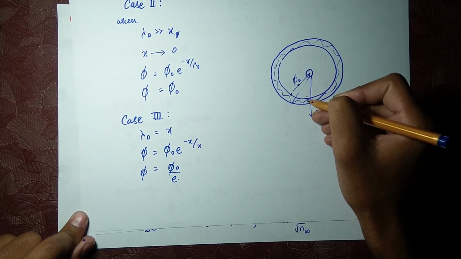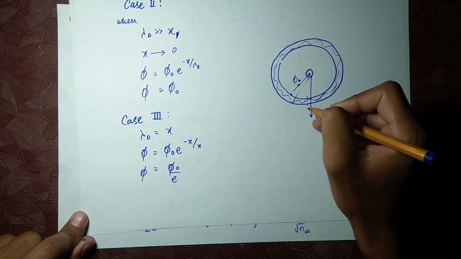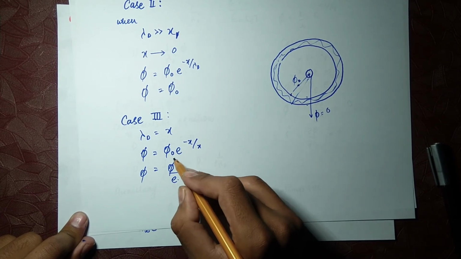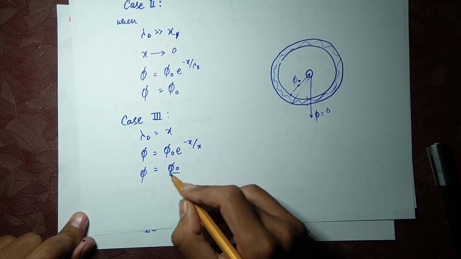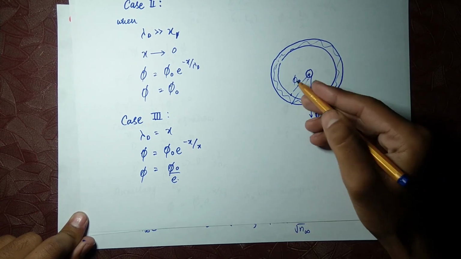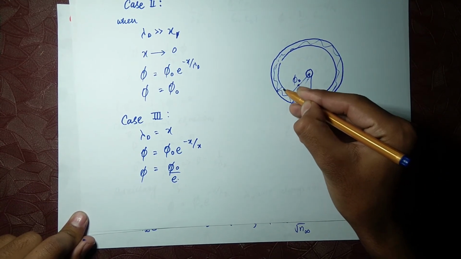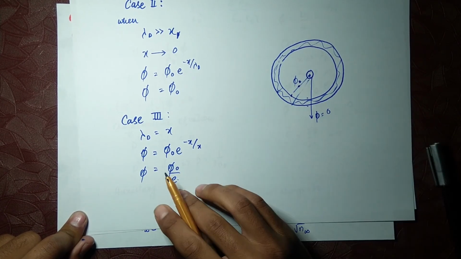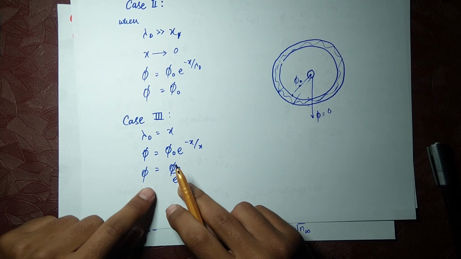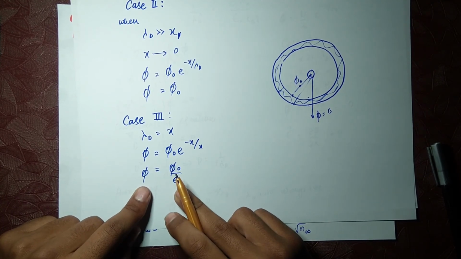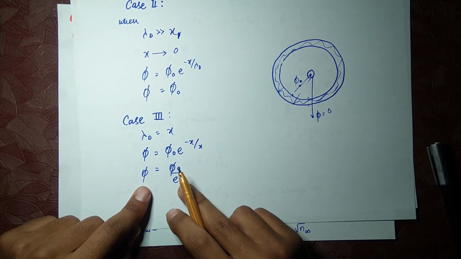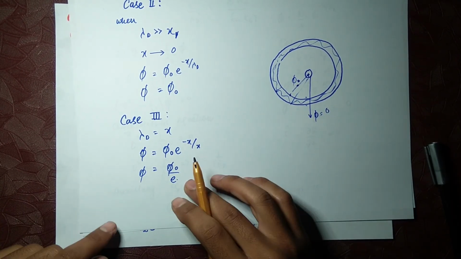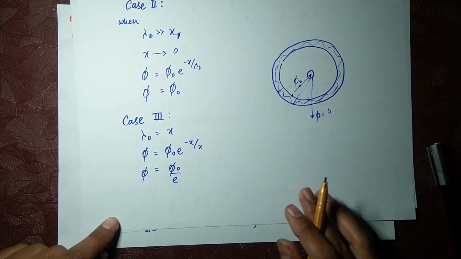Here it was maximum, and going here it was 0. The exponential term drops the whole phi naught to 0 outside the sphere, from maximum to nothing. So this case 3 equation tells us that phi is decreased by the exponential term e, and this was the whole reason for it.